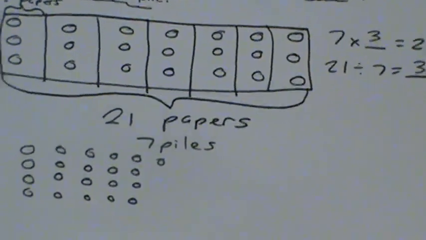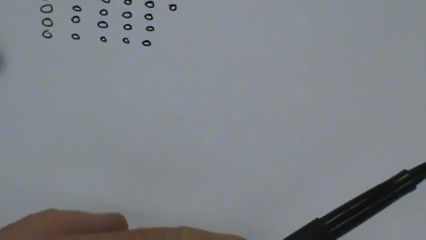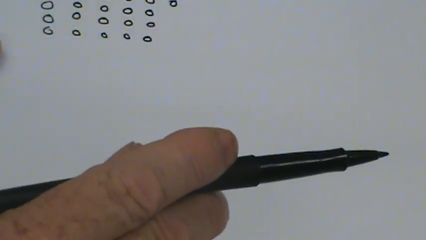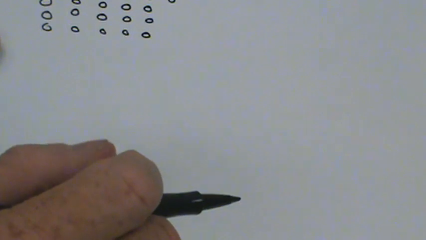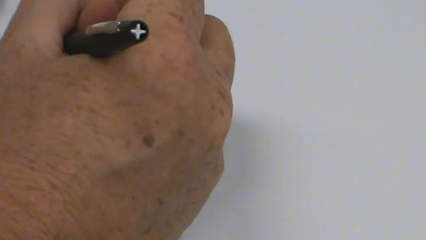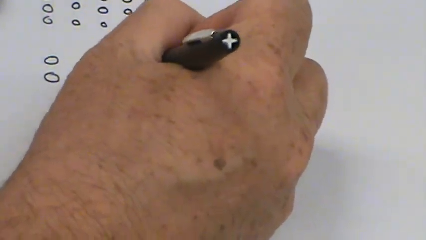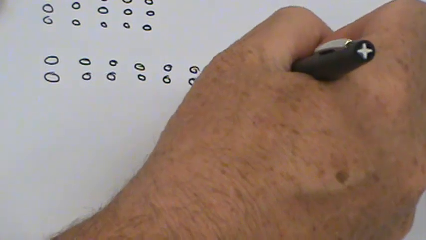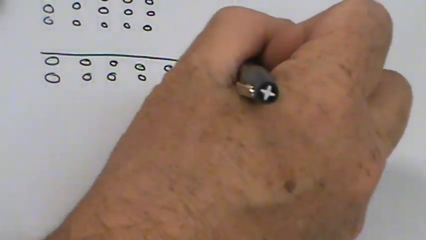All right, let's continue on with some more of Mrs. Maulding's papers. And this time around, she has 16 papers, and we want to get them into 8 piles, okay? So let's do it by 2s. 1, 2, 3, 4, 5, 6, 7, 8, 11, 12, 13, 14, 15, 16, 17, 18. We'll box them.